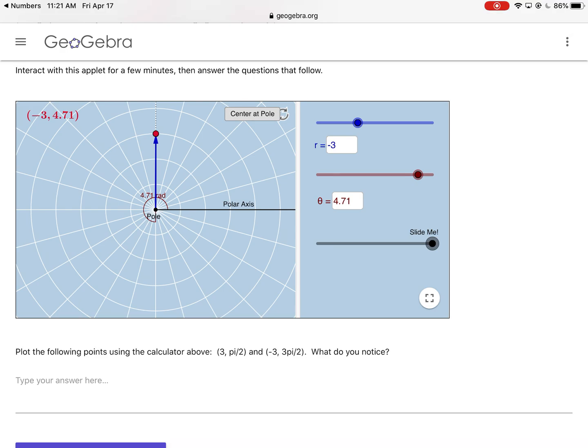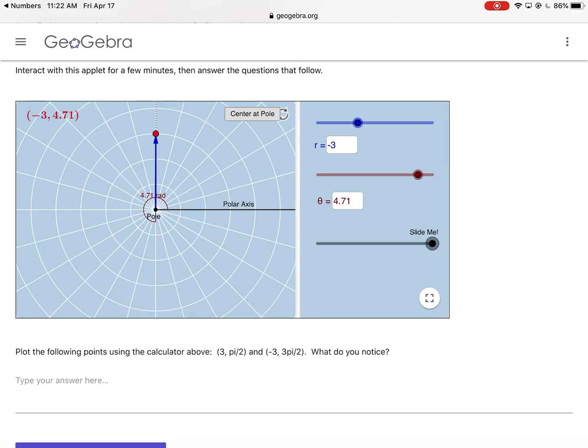Notice that the two angles here for these points are just pi units apart from each other, or 180 degrees apart from each other. So if you want to take a point and express it with the r value being the opposite of what it originally was, all you have to do is add or subtract a multiple of pi or 180 degrees to the original angle, and that'll give you the same location, okay?